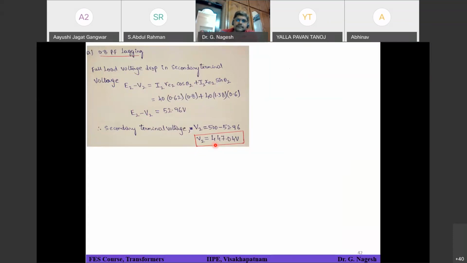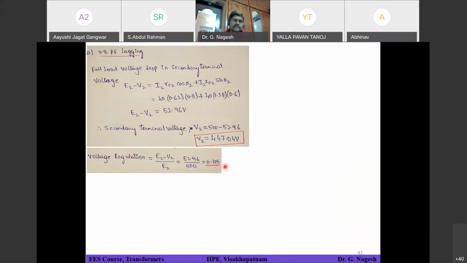Okay, if you want to calculate the percentage regulation, this difference is divided by the rated secondary terminal voltage, which is nothing but E2. So 52.96 divided by 500 into 100 will give you the percentage voltage regulation. This is only the voltage regulation, which is 0.105.